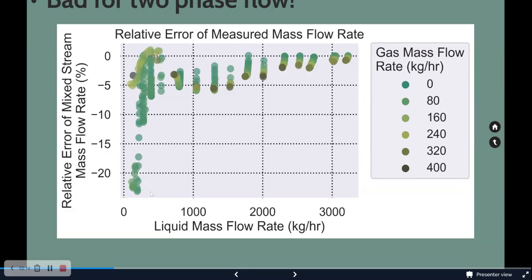It compares the relative error of the apparent flow rate measured by the Coriolis meter on the mixed stream to the liquid flow rate and gas mass flow rates. What we can see is that at really low mass flow rates, it tends to be not great. And then as the gas content of the stream increases, the error tends to increase as well.